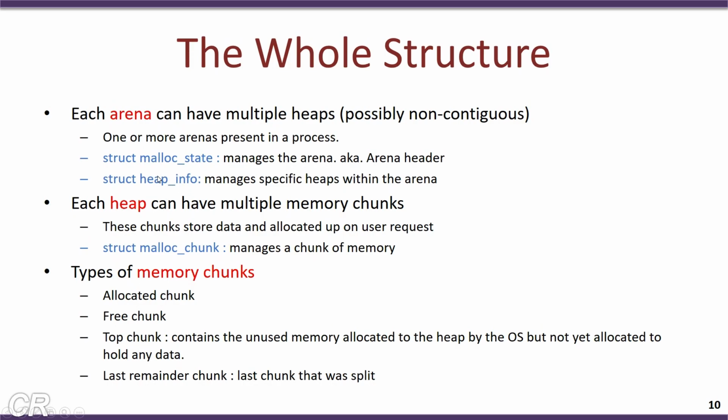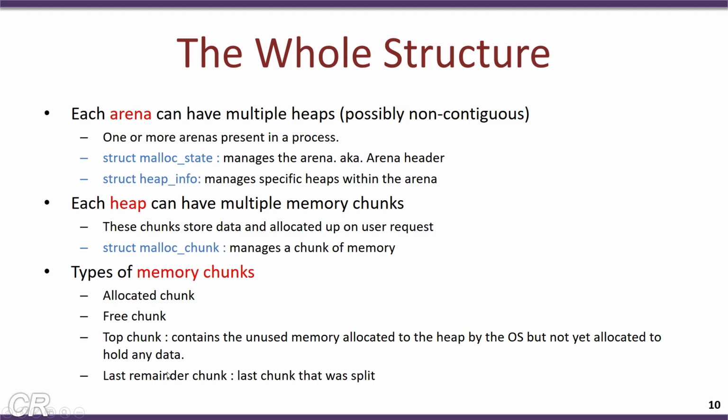This structure, present as metadata, would be used to manage specific heaps within an arena. Now each heap can have multiple memory chunks. These chunks could be either allocated or unallocated, which is also known as a free chunk, and you could also have something known as a top chunk or a last remainder chunk.